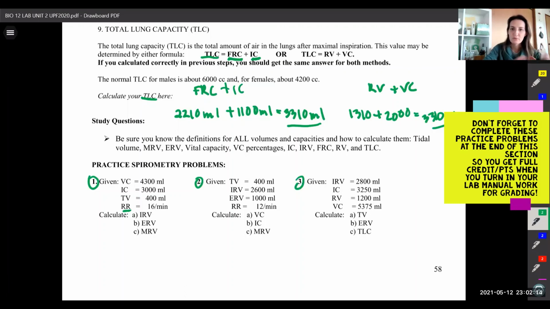So that will give you some practice with using the different equations and rearranging them. I want you to know how to calculate certain volumes or capacities if you're given data like this. Very similar to what we were doing with the renal clearance calculations, but now applied to respiration.